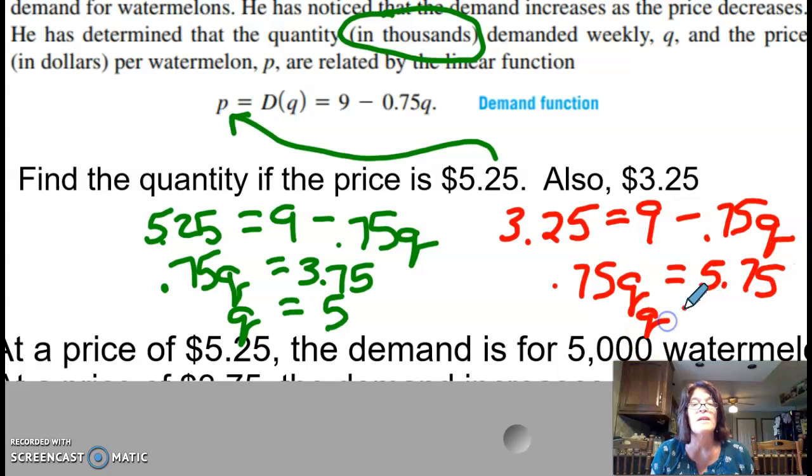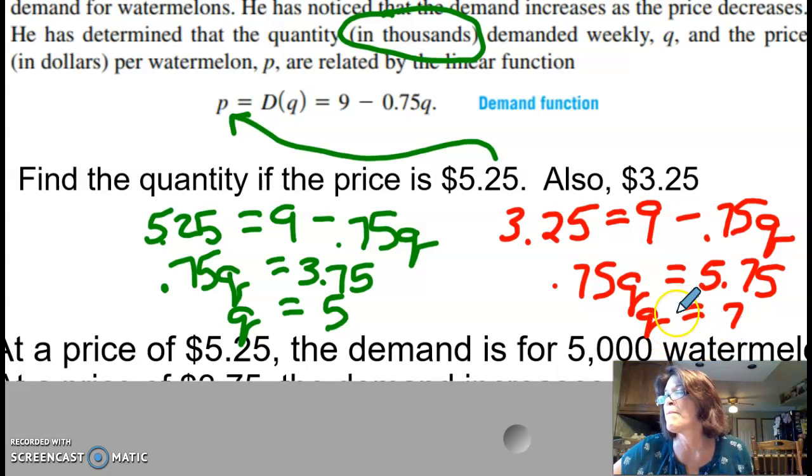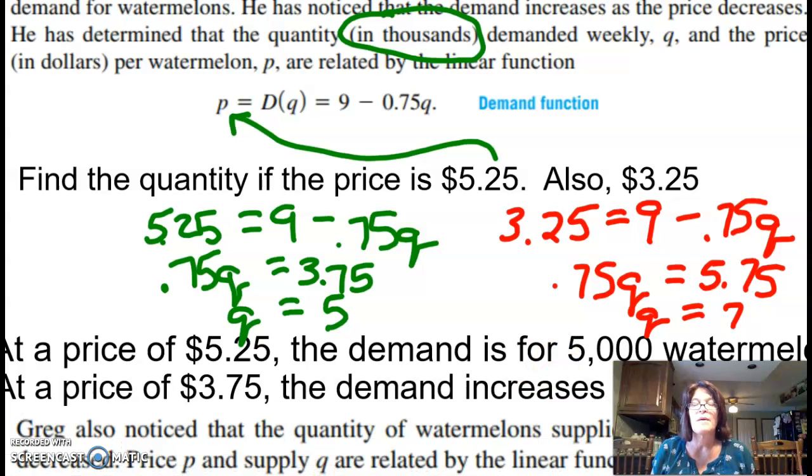Do my division, and you end up getting 7. Is everybody all right with that? And so at a price of $3.75, the demand increases to 7,000 watermelons. The price went down, the demand went up.